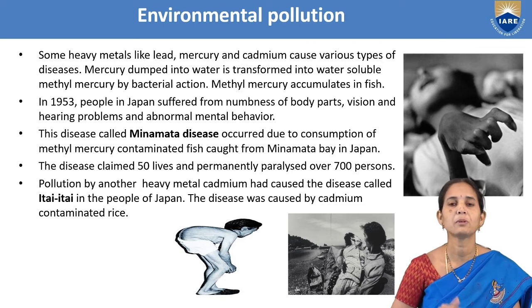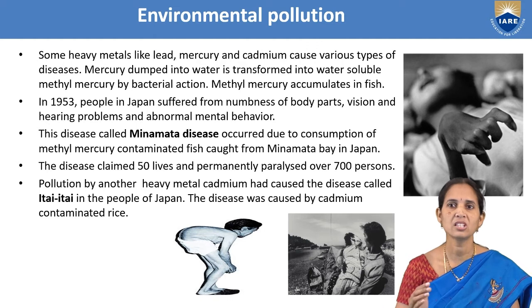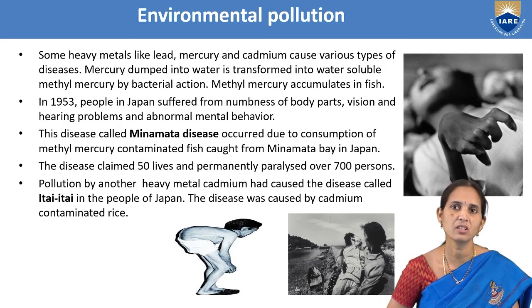They ate it and got Minamata disease. In the diagram, we can see how people are affected. The disease claimed 50 lives and permanently paralyzed over 700 persons. So they are getting paralysis also because of this disease.